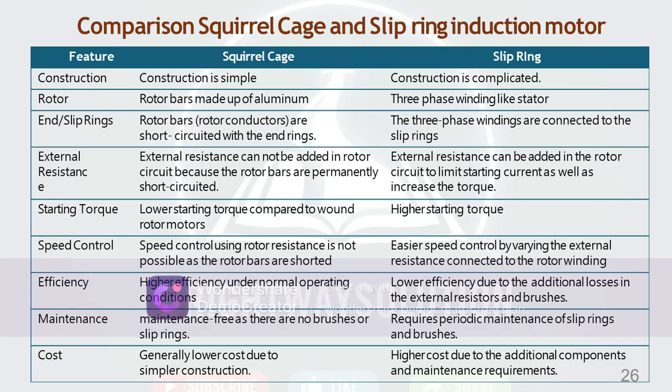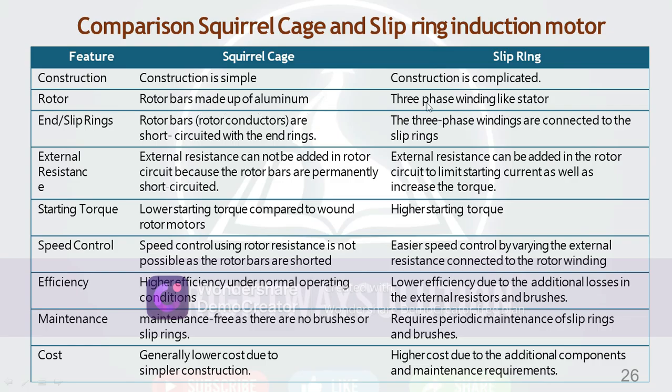So there is a comparison. There are two types of three-phase induction motors: squirrel cage and slip ring. The comparison is there. Construction is simple in a squirrel cage and complicated in a slip ring. Rotor bars are made of aluminium.